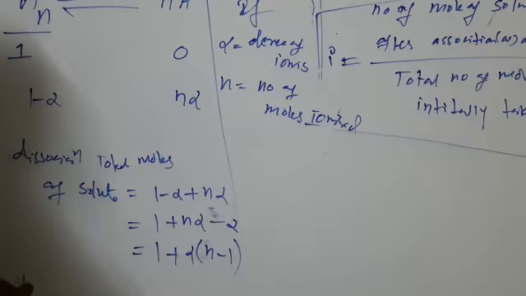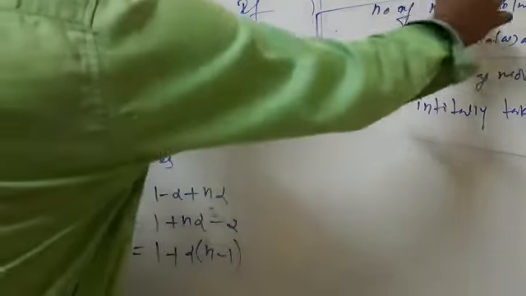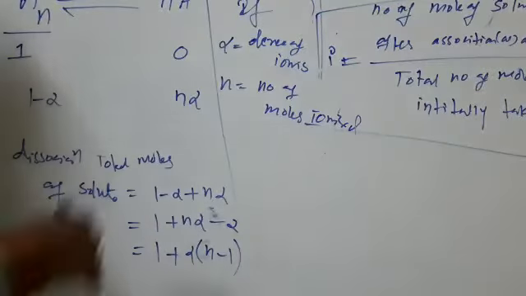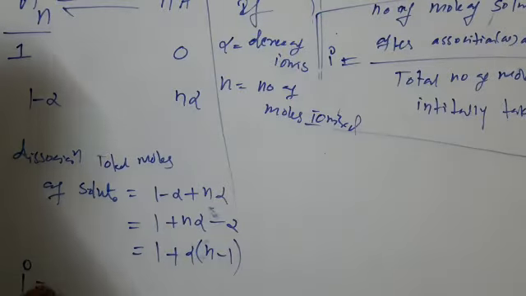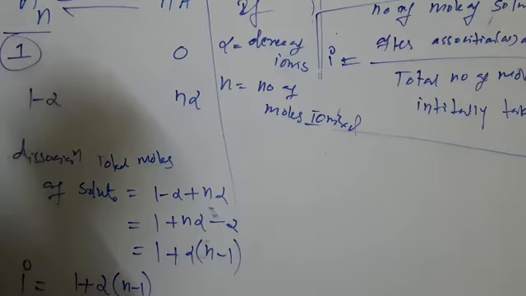Here you know the van't Hoff factor i equals the number of moles of solute after dissociation divided by the initial number of moles. So how many particles? 1 plus alpha into n minus 1, by initial particles, 1.